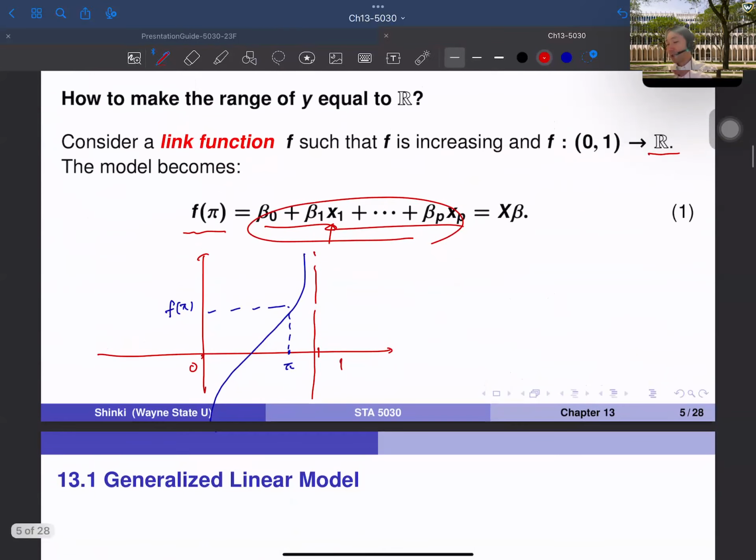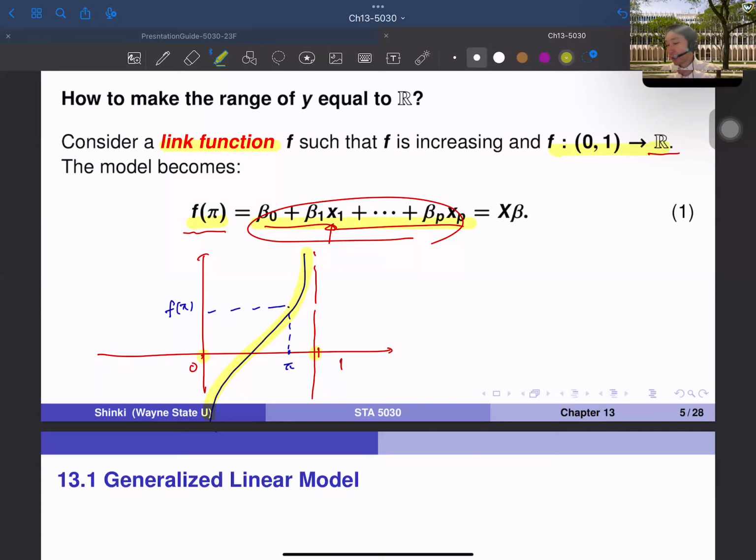So the idea is to use a link function. A link function is a function of this shape. The domain is 0 to 1, but the range is from negative infinity to positive infinity. With such a function f, we consider f of pi equal to a linear combination of x1 to xp.